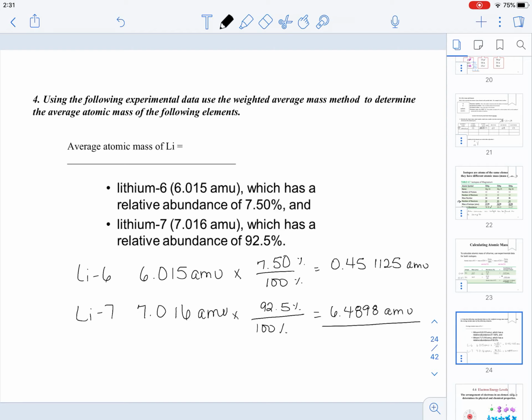When I add these two values, then the final answer is 6.9409 AMU for lithium. Understand that this value is very close to the one reported at the periodic table.